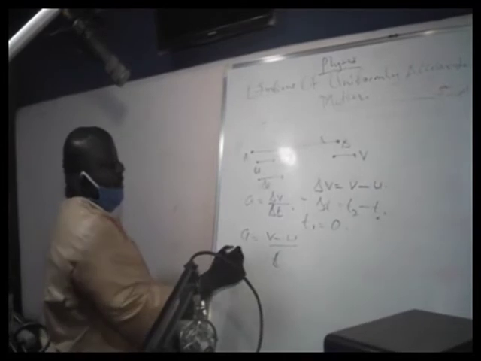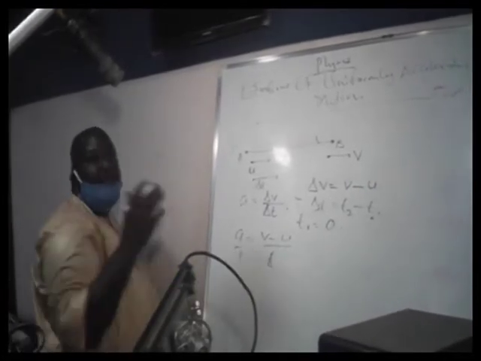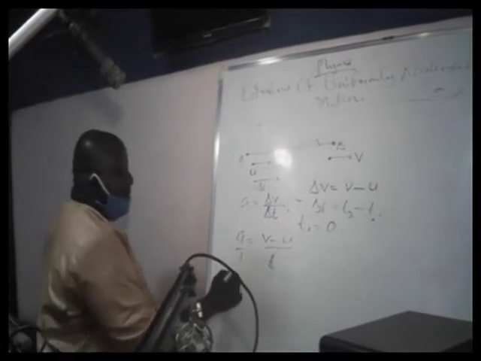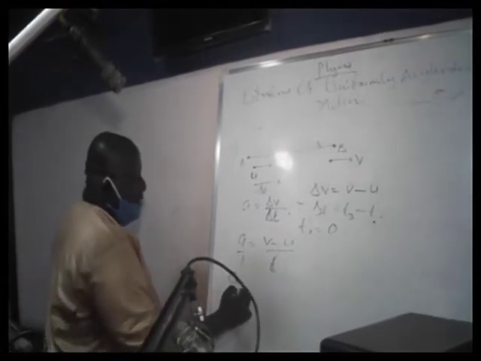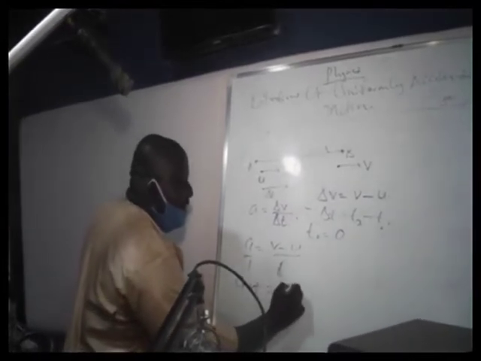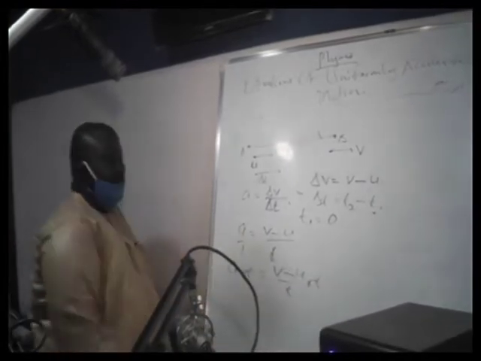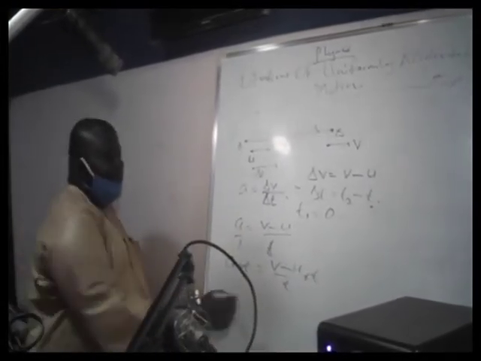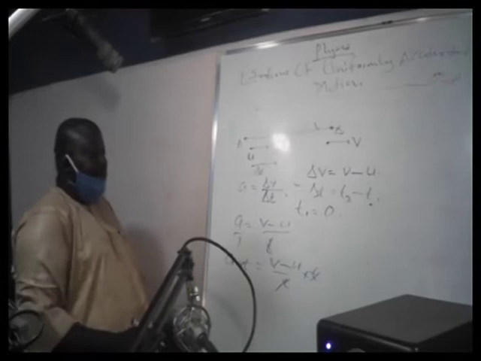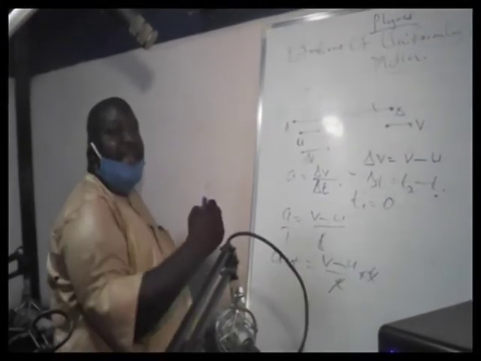Now, from this, we multiply through this equation by t. And if that is done, a multiplied by t will give us v minus u all over t multiplied by t. Listeners at home, if you cancel t and t, we are left with v minus u. And this one, a multiplied by t, will be at.